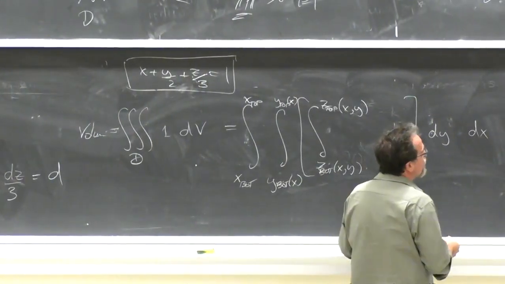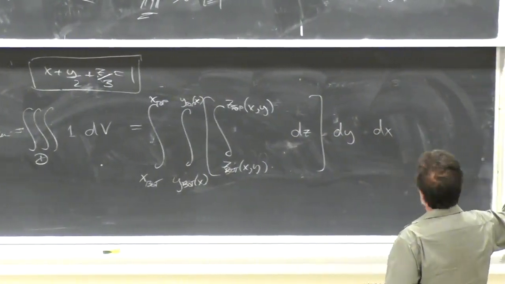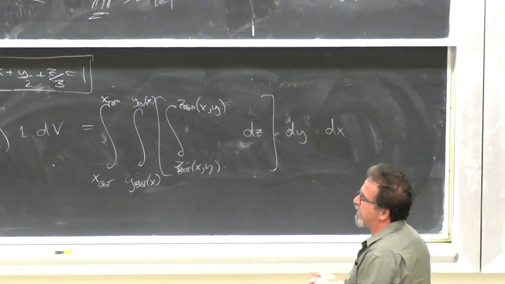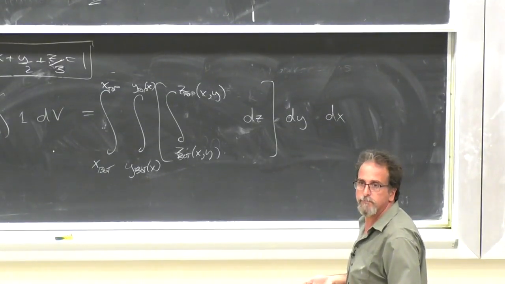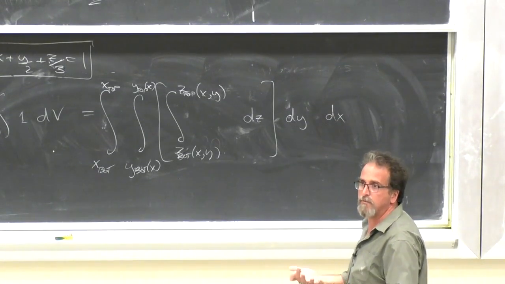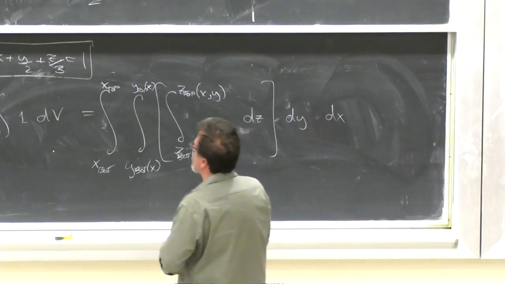So that gives me y bottom and y top. And of course, now you know how to get x bottom and x top. It's pretty clear that x bottom is 0 and x top is 1. Okay? So let me finish the volume of this thing.